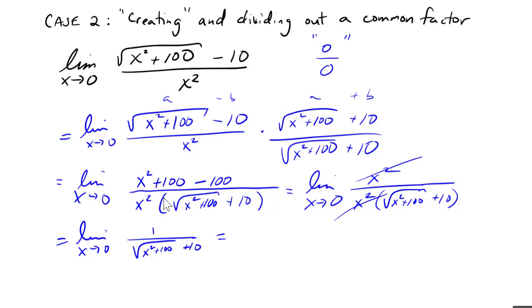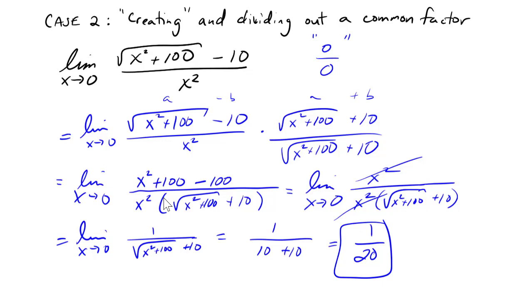Okay, now it's not as bad as it looks because I can plug in now. I plug in and I get 1 over the square root of 0 plus 100, which is 10, plus 10, I get 1 over 20, and that's my answer. So again, what did we really do?